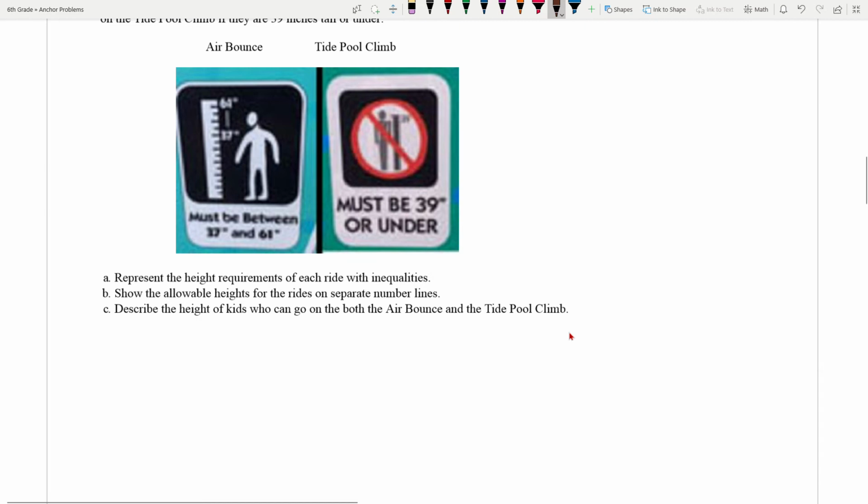And you can see the signs here, air bounce, between the 37 and 61 inches, and then another sign that must be 39 inches or under. So A, represent the height requirements of each ride with inequalities, show the allowable heights for the rides on separate number lines, and describe the height of kids who can go on both the air bounce and the tide pool climb.